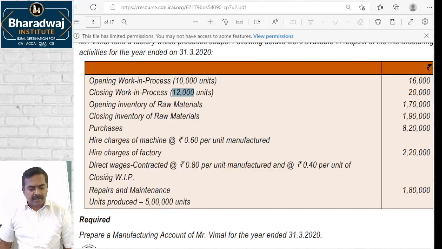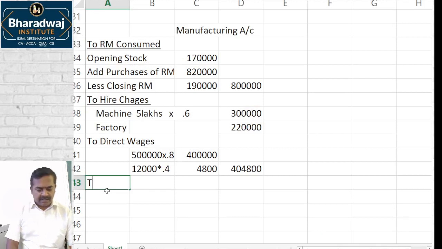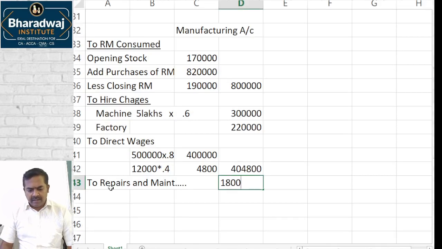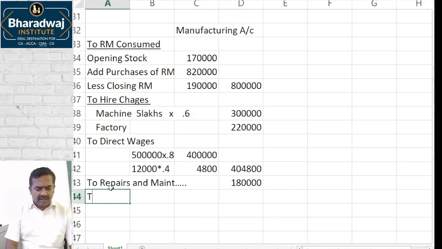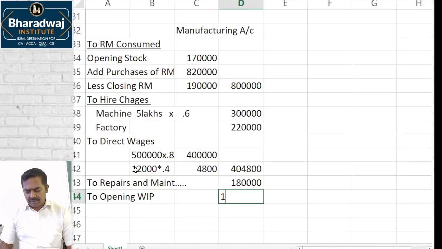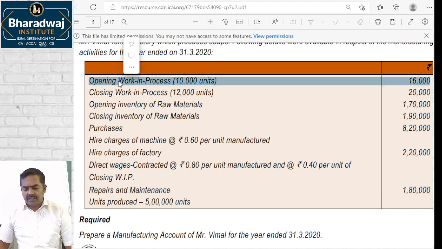Where is an expense? Any other expense? Yes. Repairs and maintenance. Repairs and maintenance charges of the factory, how much? 1,80,000. Then we record opening WIP. Is there opening work in progress? 16,000, first line.